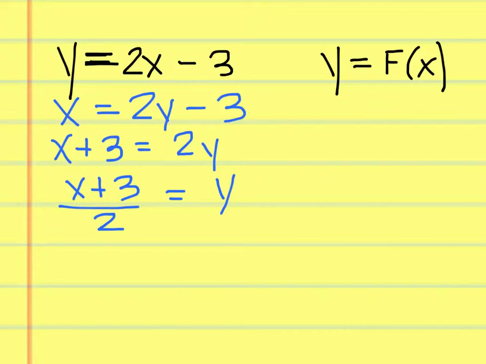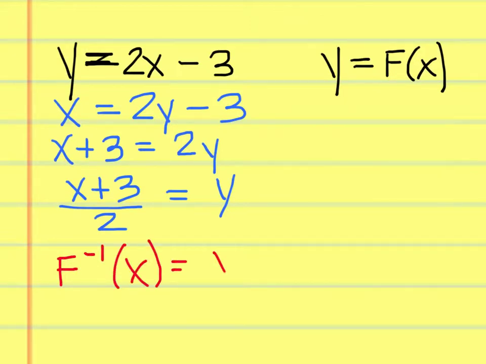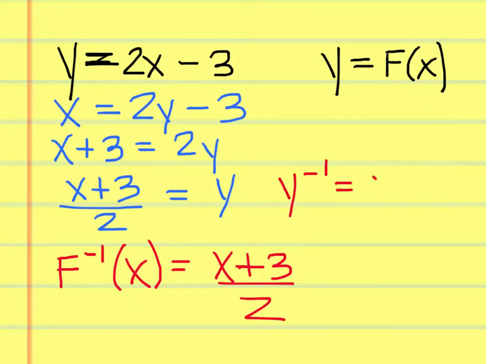So the inverse of 2x minus 3 is x plus 3 over 2. You could write your final answer as this. The inverse of f of x equals x plus 3 over 2. Also, you could have the inverse of y is x plus 3 over 2.